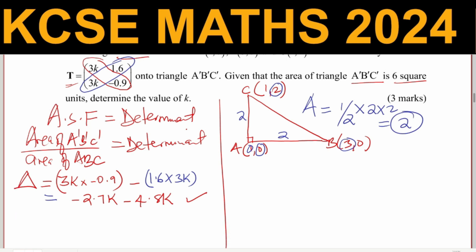So therefore the determinant, which is given by negative 2.7k subtract 4.8k, is given by the area of the image, which is 6, divided by the area of the object which we just obtained, which is 2.